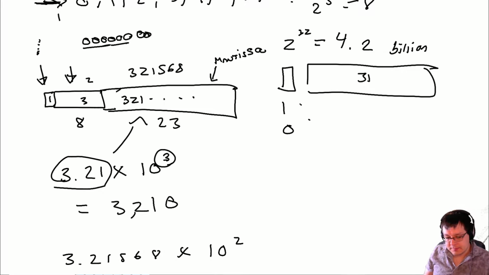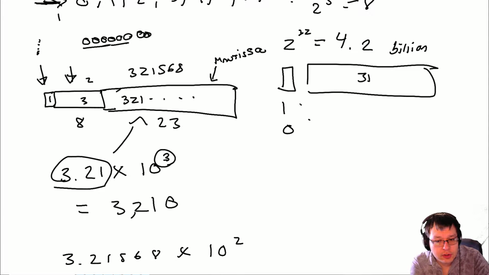Okay, so you're still trying to put really big numbers, but your accuracy in terms of digits that are non-zero, and by non-zero I mean non-leading zeros or trailing zeros, is 23 digits, which means I could hold really big numbers here, bigger than 4.2 billion.